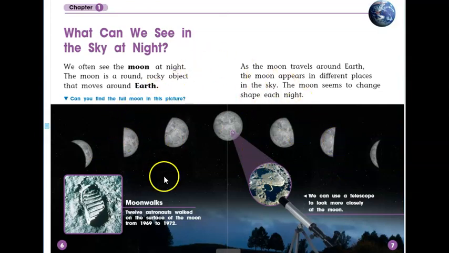And I remember that there was a caption over here about astronauts. Let me go back and reread what it says. Moonwalks. 12 astronauts walked on the surface of the moon from 1969 to 1972. Wow, I learned so much good information there about the astronauts that walked on the moon. Now I need to go back and add that into my chart with a complete sentence.